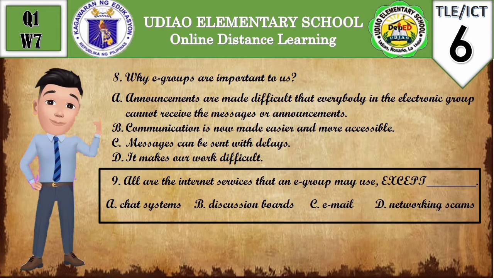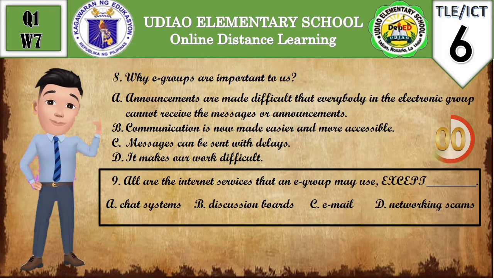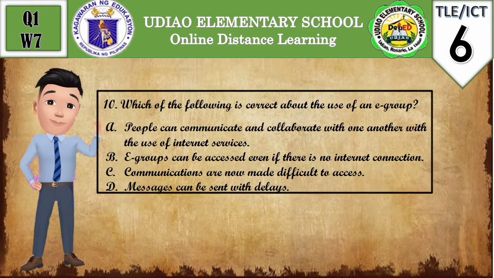Number 9. All are the internet services that an e-group may use except blank. A. Chat systems. B. Discussion boards. C. Email. D. Networking scams. Number 10.